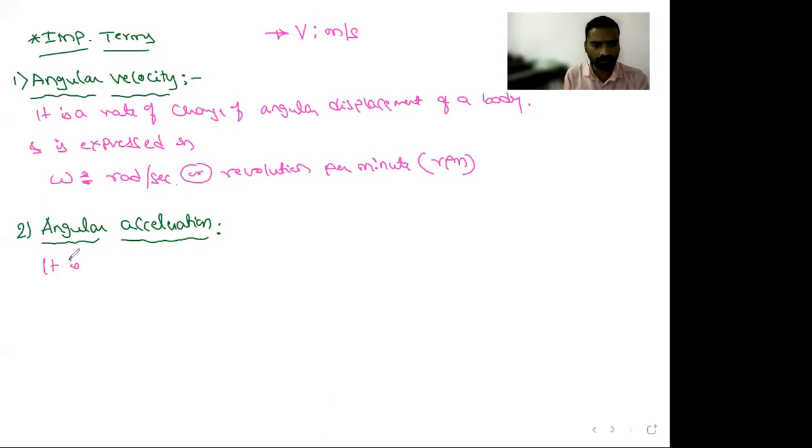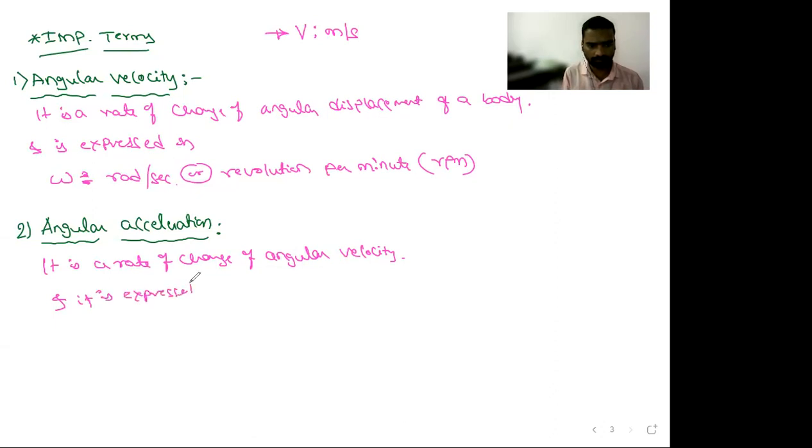Write down: it is the rate of change of angular velocity, and it is expressed in radian per second square.